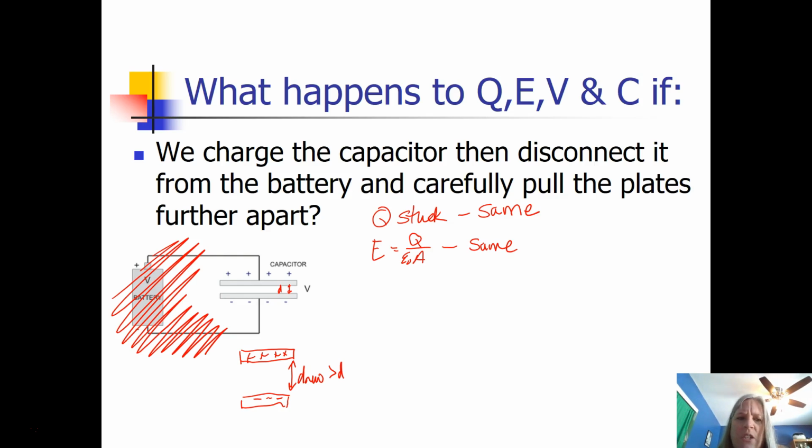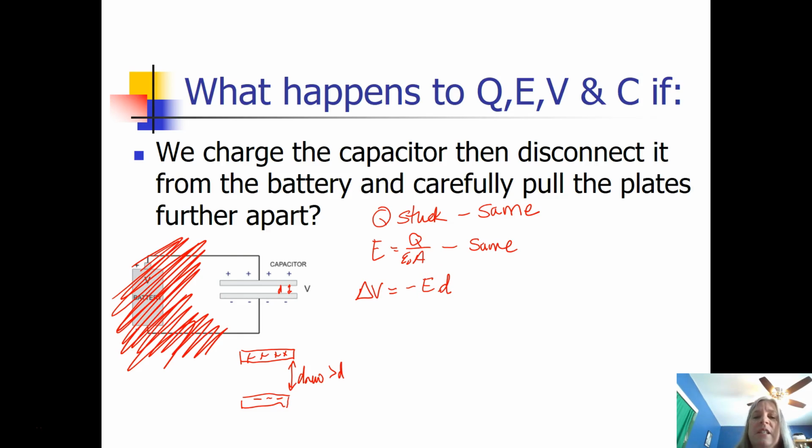But what about voltage? It's not connected to the battery anymore. That baby's gone. Well, if the electric field is the same and I change the distance, that means I have to change the voltage. Because the voltage across a parallel plate capacitor, well, across anything, is the negative integral of E dot dr, or in the case where we have a uniform electric field like these parallel plates, E times d, the distance.